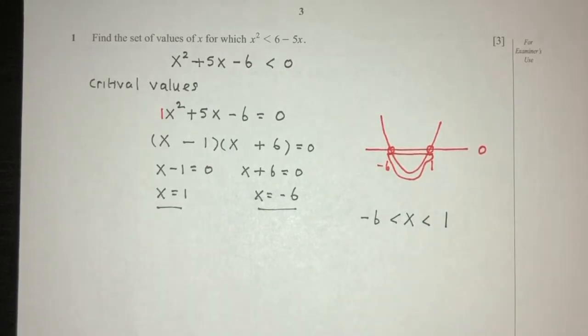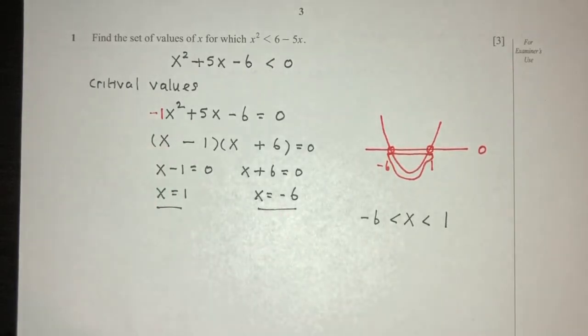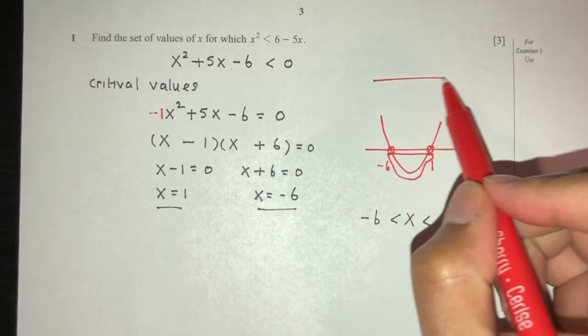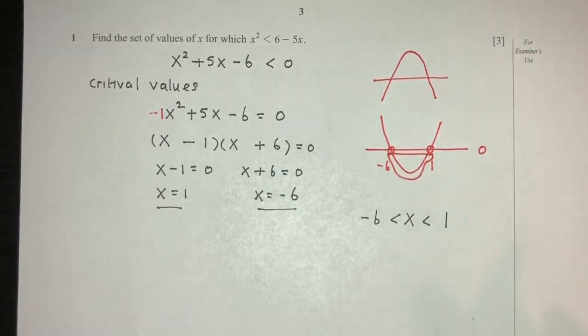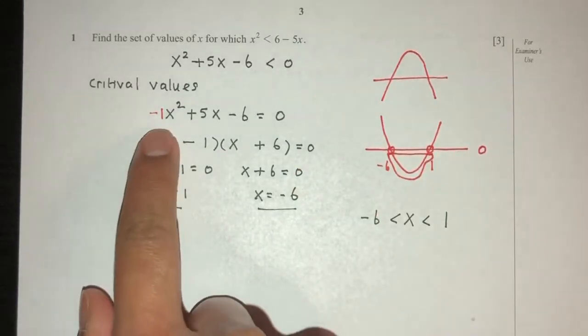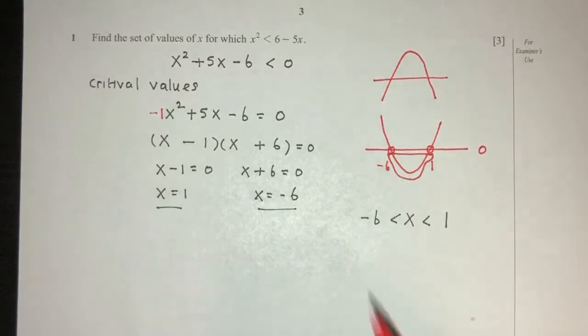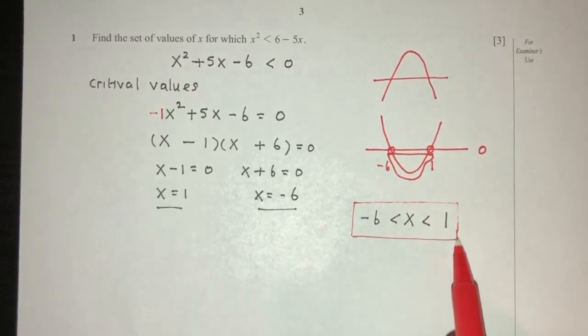Just to explain, what happens if this value here is minus 1, or negative? Your graph will look something like this. So the difference is, if the sign is negative, it will look like this. If it is plus 1, it will look like this. But this is your answer for question number 1.